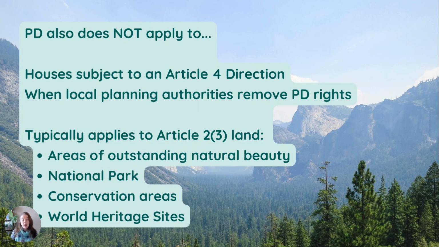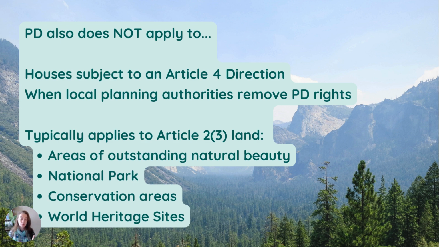It also does not apply to any houses that are subject to an Article 4 direction. And this is when the local planning authority has removed permitted development rights. Typically, this applies to Article 2 land, and these are areas of outstanding natural beauty, national parks, conservation areas, World Heritage sites, all of these special places where the local planning authority has said, look, this area is really special.